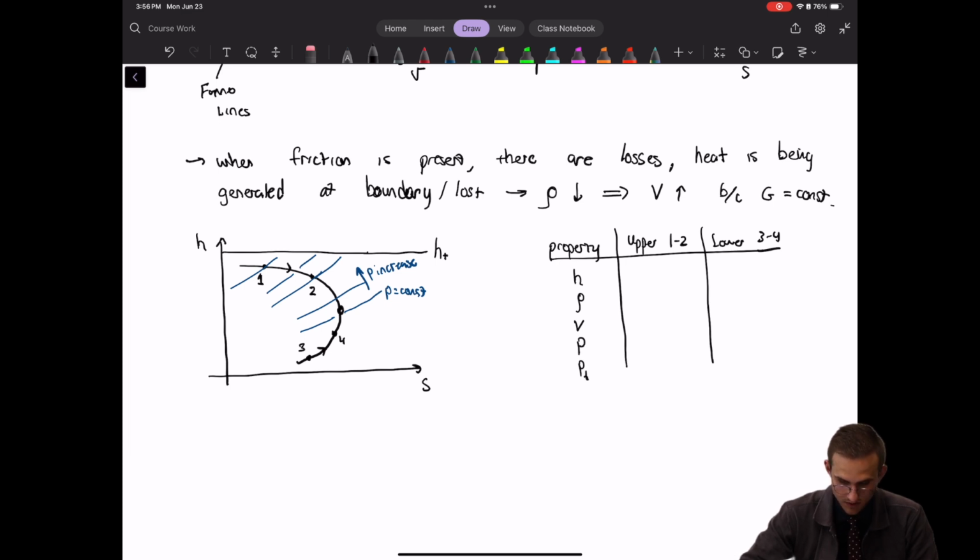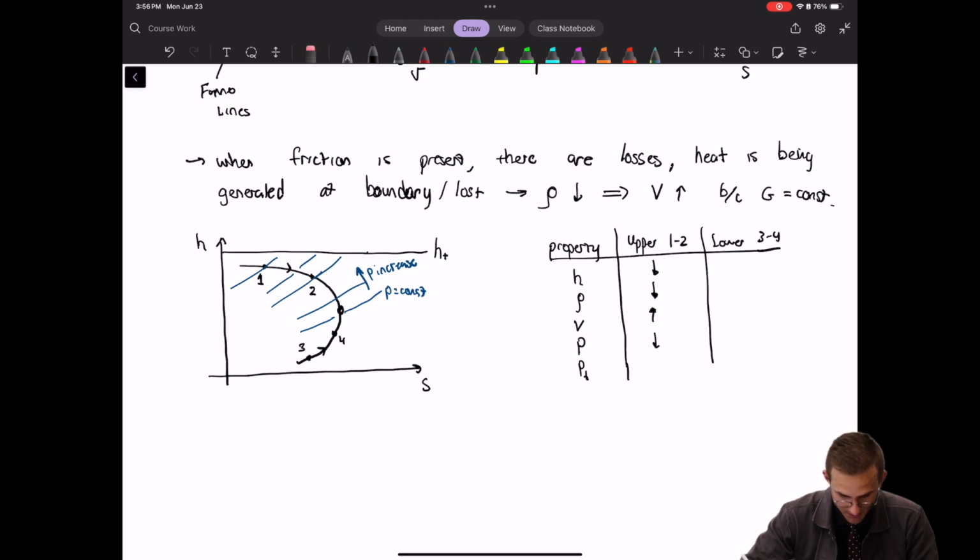Okay, so on the upper branch, we can see just from the diagram that the enthalpy is going down. We also know that the density is going down through the reasoning that we had before, and the fact that the pressure is also going down. And then because G is constant, this requires V to go up, or to increase.